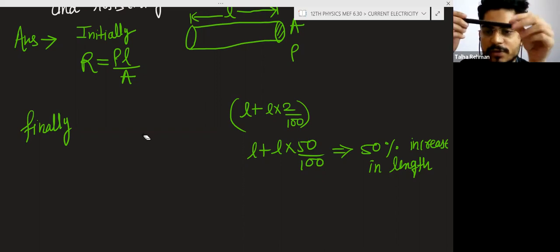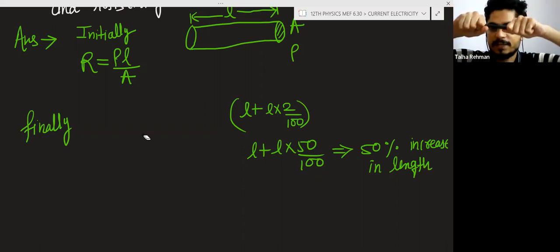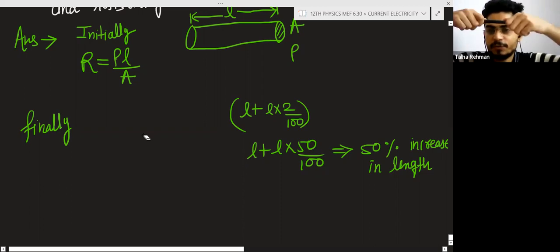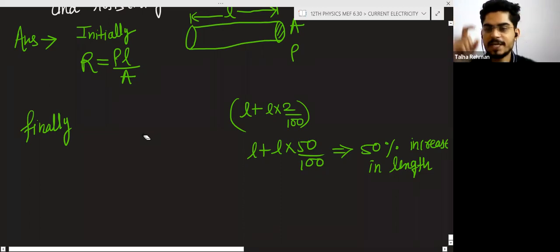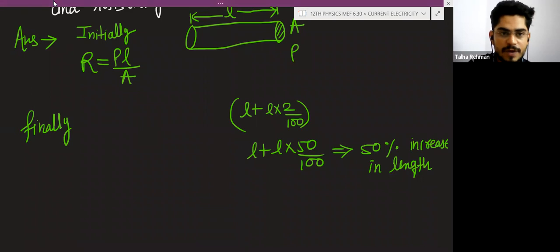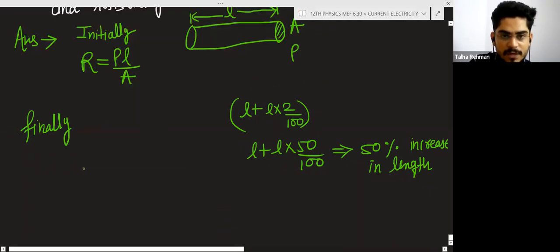I am taking here also a cylindrical conductor. If you have a wire and you stretch the wire, the length of the wire will increase, but at the same time the area of cross section of the wire will decrease. So finally the length will increase by 2%.